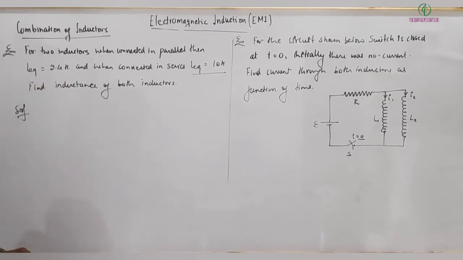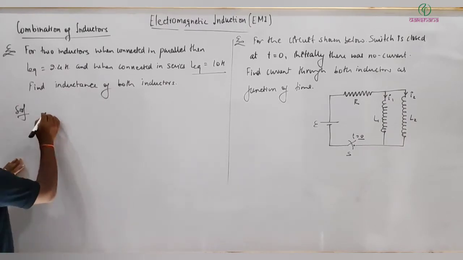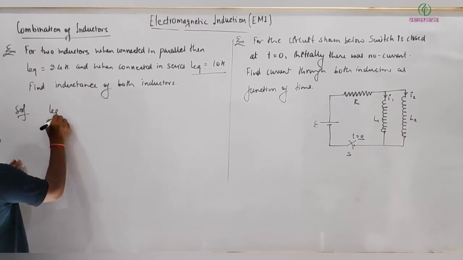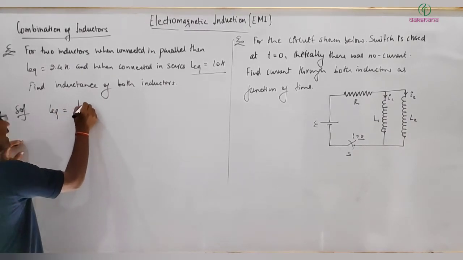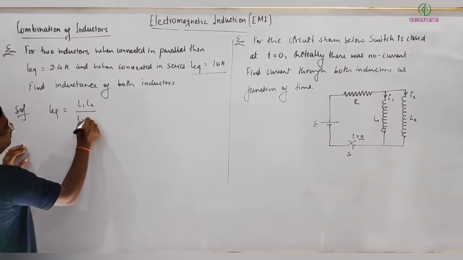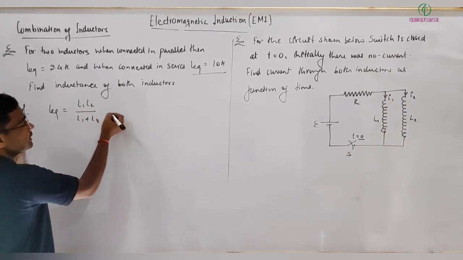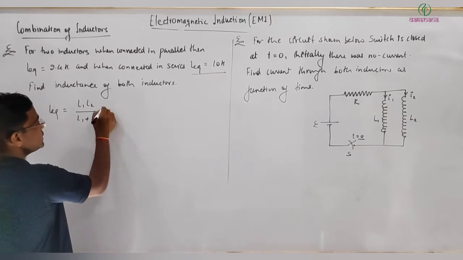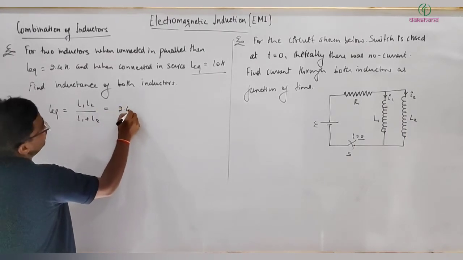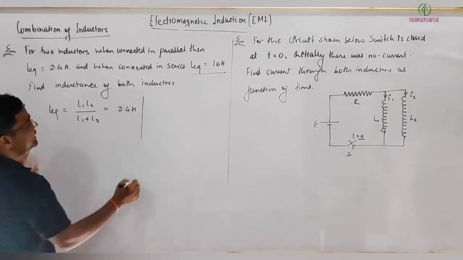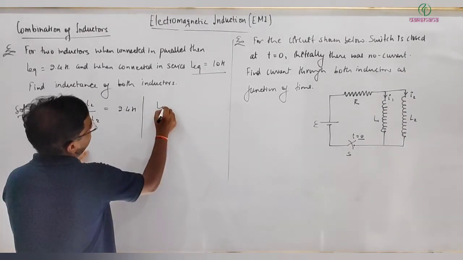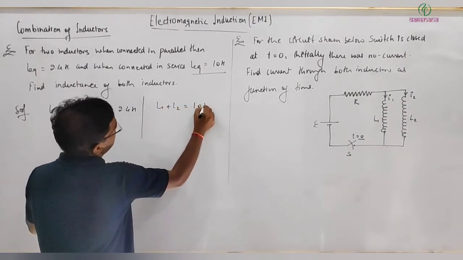So this is a basic problem. Two inductors when connected in parallel, then L equivalent, so in parallel we have seen L equivalent is equal to L1 L2 divided by L1 plus L2, which is equal to 2.4 Henry, and in series combination it's equal to L1 plus L2, and that is equal to 10 Henry.